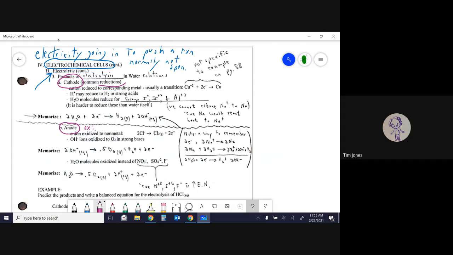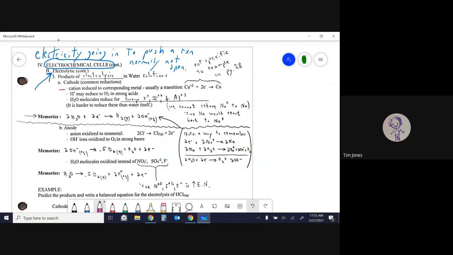And also, please notice the notes helping you organize things. There are 3 bullets for the cathode: 1, 2, 3. And there are 3 bullets for the anode: 1, 2, 3. They're also in the same order.